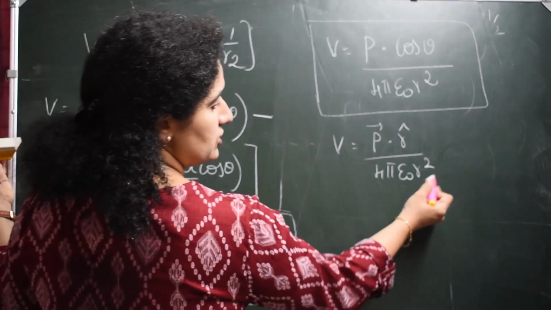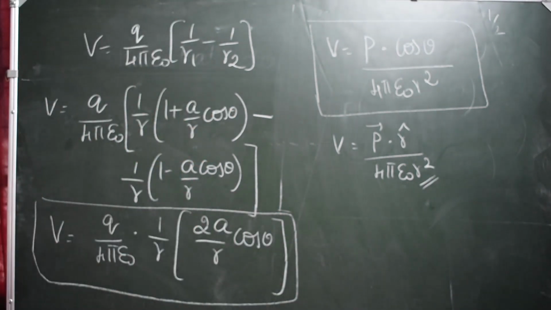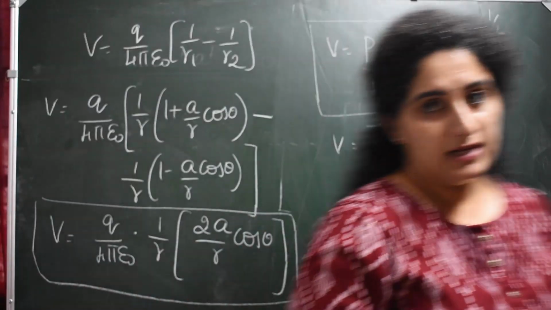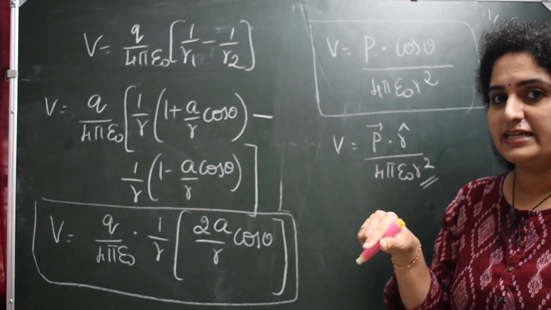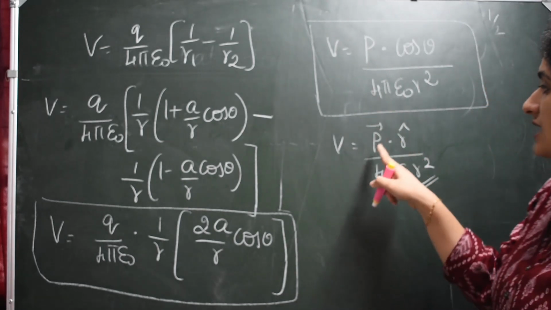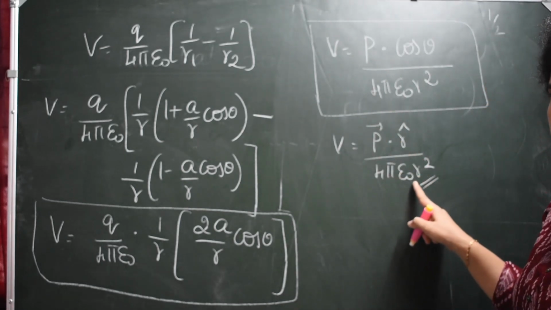So see that potential varies inversely as r square. And now this theta, if it is along the axial line, theta can be 0 or 180 degree. If it is 0, you just have P by 4 pi epsilon naught into r square.